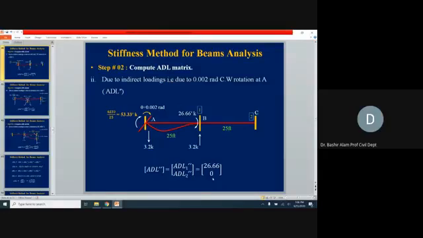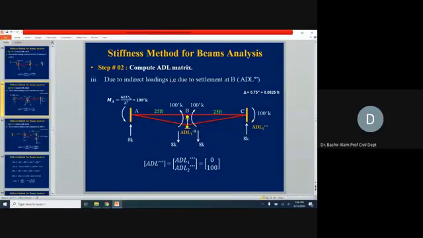Now we go to how we include the settlement. The settlement here was 0.75 inches. As we are now using the feet unit, dividing by 12 will give you 0.0625. So due to indirect loading, that is due to settlement at B, here we provide a guided roller and we assume it is settling down.